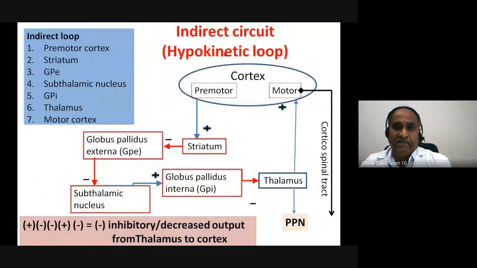Now we have the hypokinetic loop or indirect circuit. In this indirect circuit, what happens is, from the premotor cortex, it reaches the striatum, the excitatory inputs.